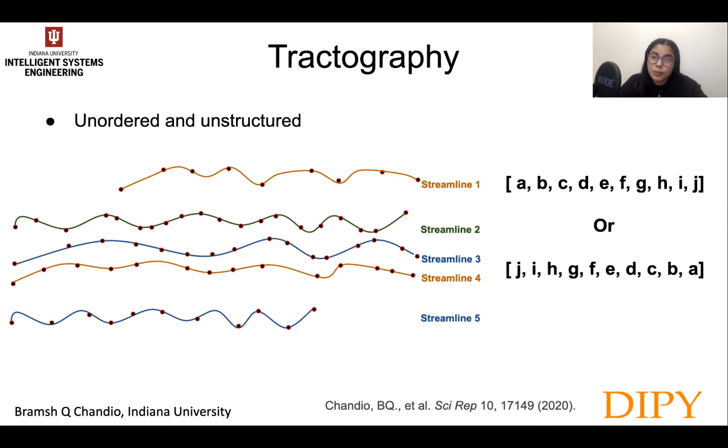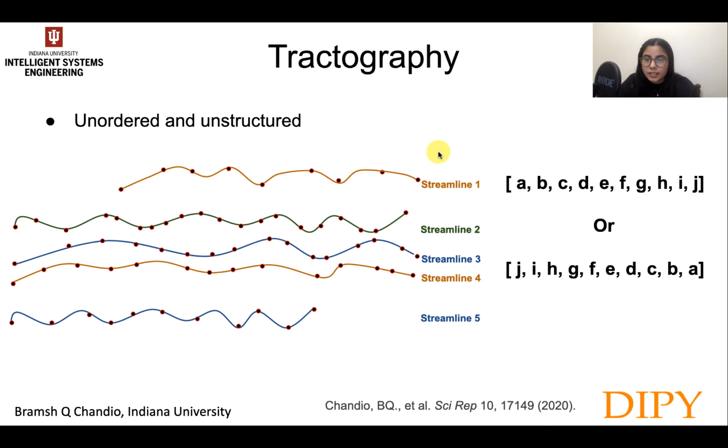Another important thing to note here is the way this data is saved. We don't know from where it is starting. For example, here on the right, let's look at streamline 1. It has 10 points, and in this example it is starting from A. Let's say this is the A point. This is the first point saved in our data, and then this is the B point, and C, and so on up to J. If it is saved in this way, when you visualize it, it will look like this.